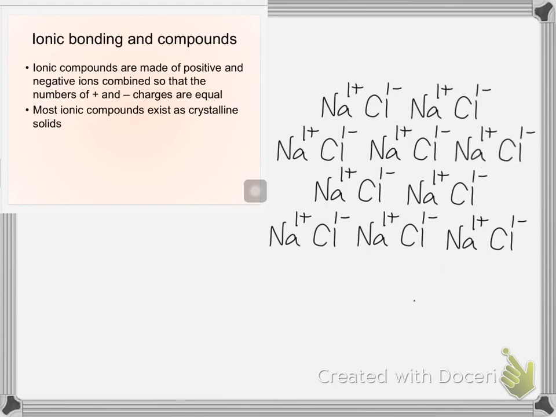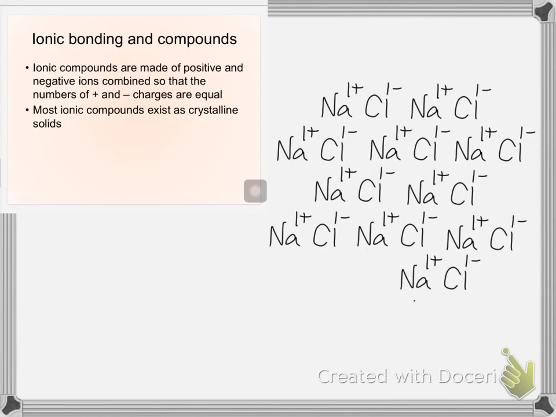Now I chose sodium chloride because the geometry is a little bit easier, because they're all 1 charges. So for every one sodium ion, we have one chloride ion. And they line up so that the sodiums are next to chlorides and the chlorides are next to sodiums.